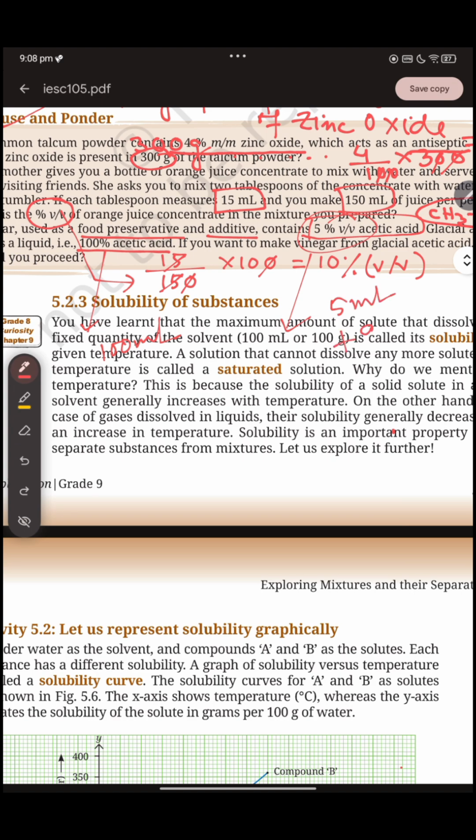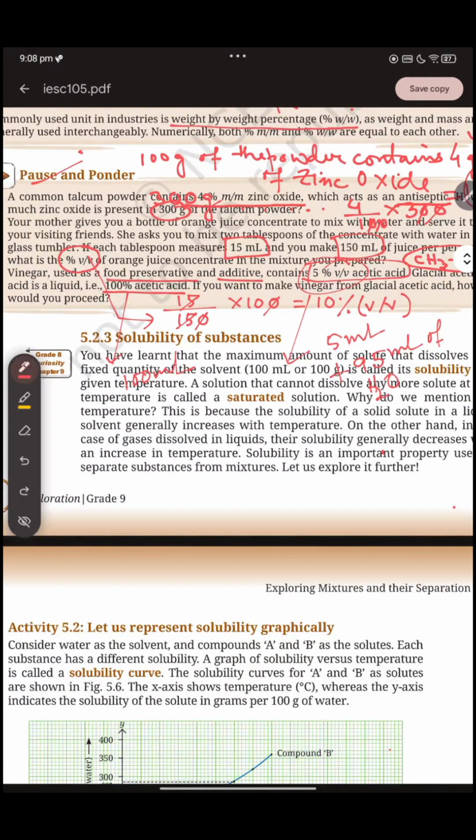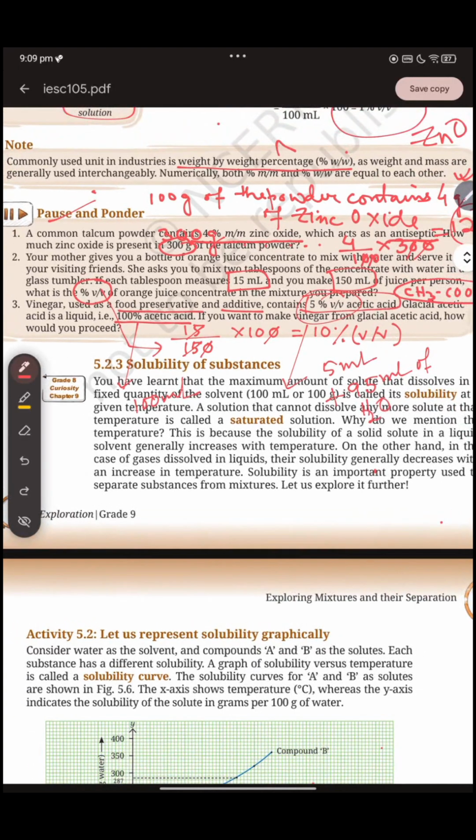To this I am adding 95 ml of water, and what I will get is the vinegar. Total volume becomes 100 ml, in which 5 ml is the pure glacial acetic acid. And so vinegar is thus prepared.